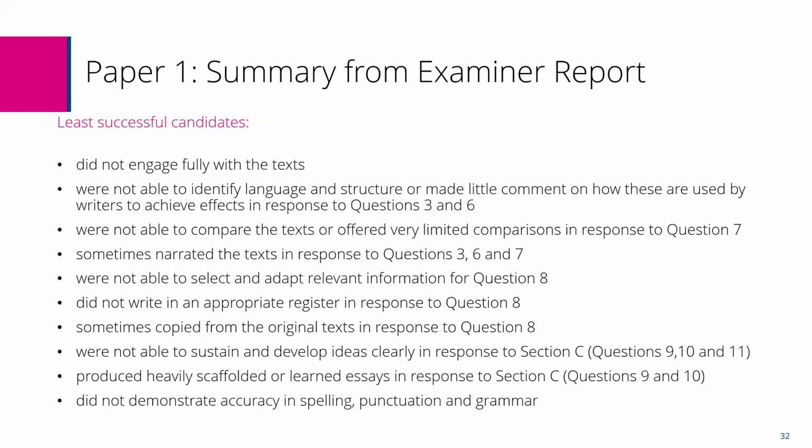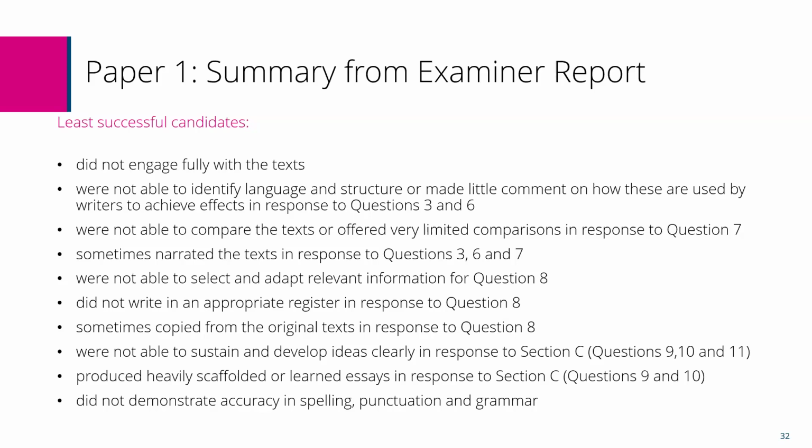Less successful candidates did not engage fully with the text, were not able to identify language and structure, or made little comment on how these are used by writers to achieve effects in response to questions 3 and 6. For question 7, they were not able to compare the text or offered very limited comparison. They sometimes narrated the text for questions 3, 6, and 7.